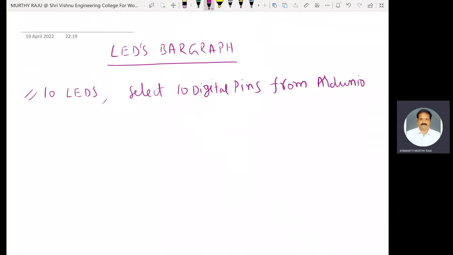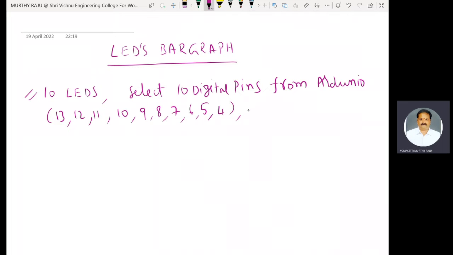The digital pins are 13, 12, 11, 10, 9, 8, 7, 6, 5, 4, that is, 1, 2, 3, 4, 5, 6, 7, 8, 9, 10 pins.